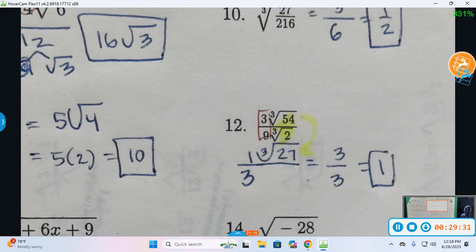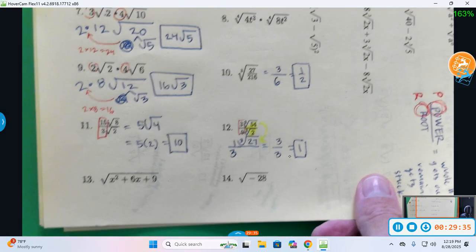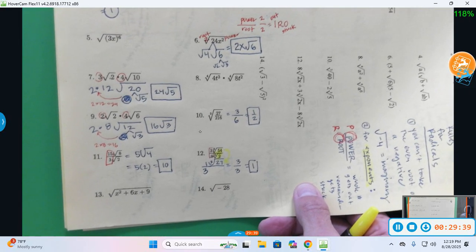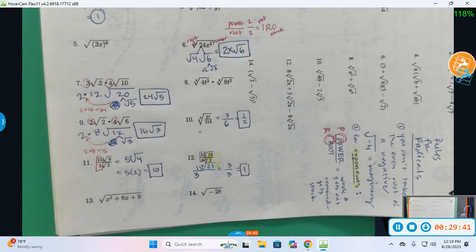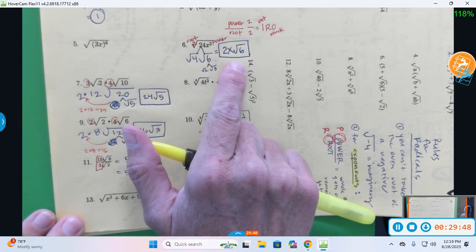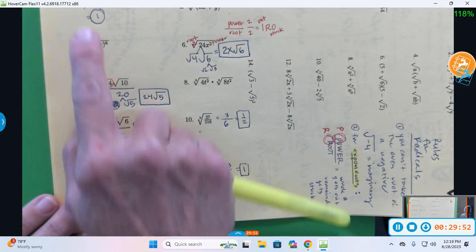All right, let me zoom out on what we've done so far just so we can get a big picture of what we've practiced because we've only done a few. We only got one more type. All right, so far we practiced number 6. This is just a straight simplification. All you did here was simplify. We practiced number 3.